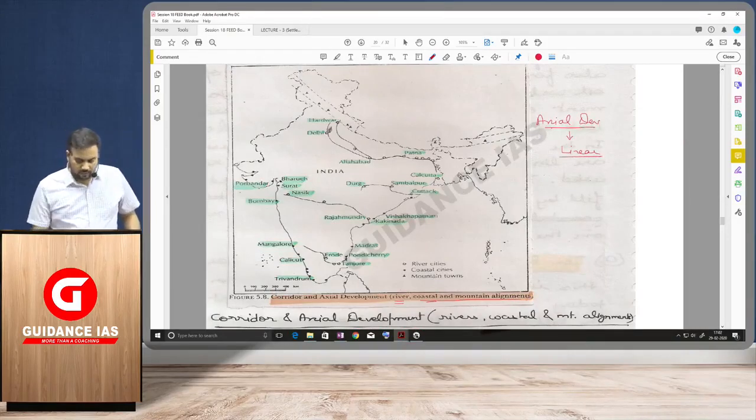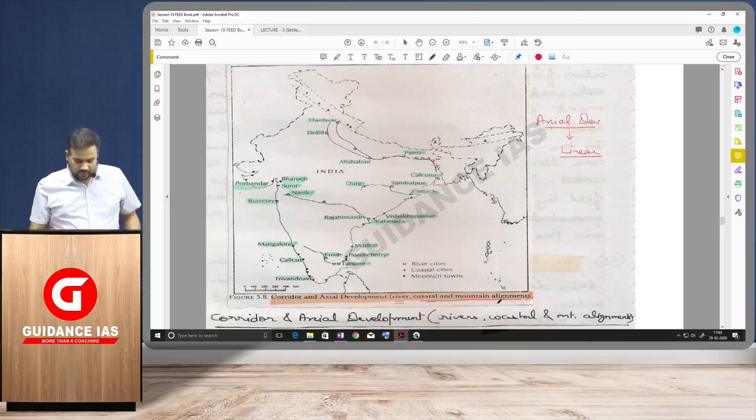So again we find what? Can you see? Axial type of development, which is linear type of development, has mostly occurred where? River alignments, coastal alignments and mountain alignments.